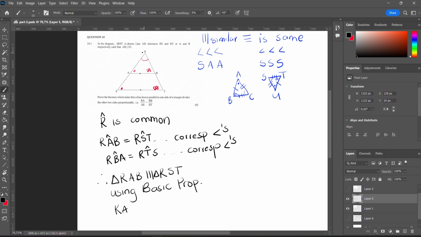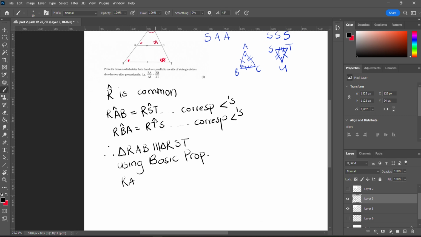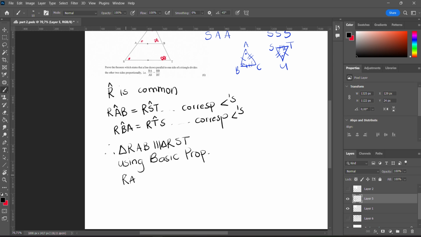So if we have this side over that side, it would equal this side over that side, or this side over that side. The ratio will be the same. Also, there's a midpoint theorem you can use there, but over AS does equal RB over BT.